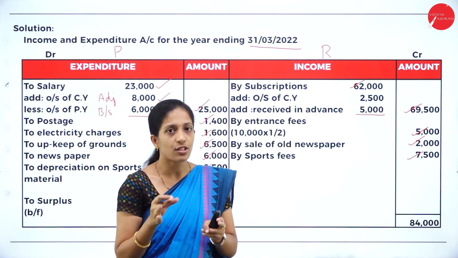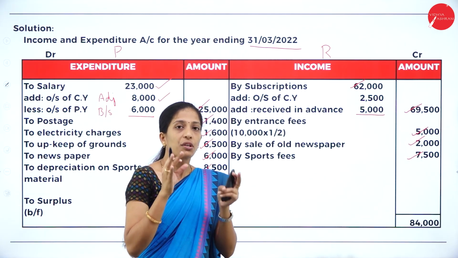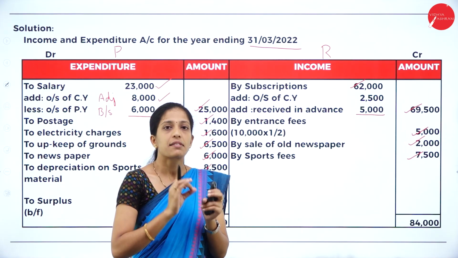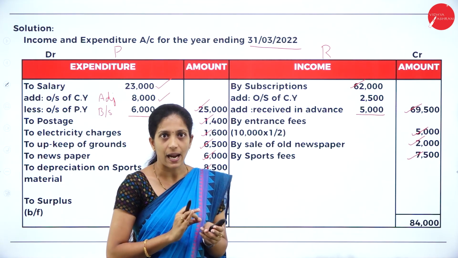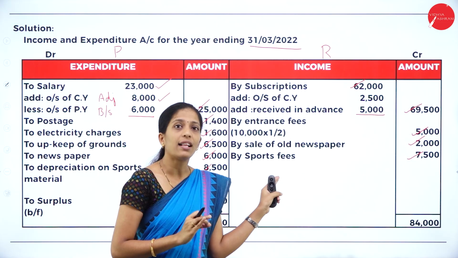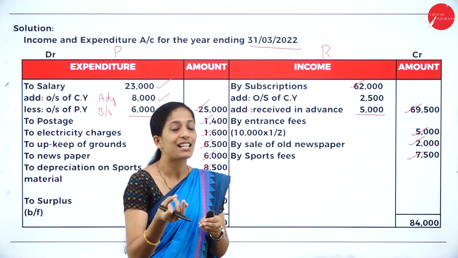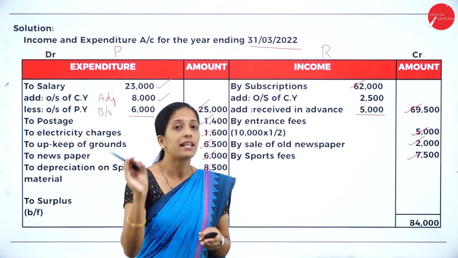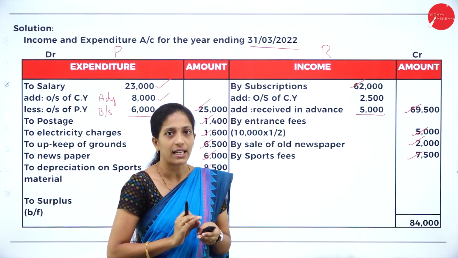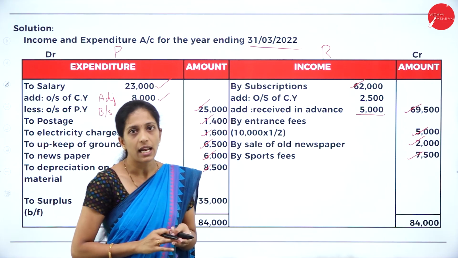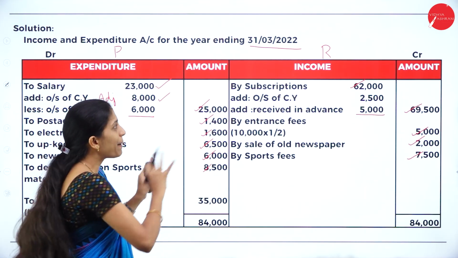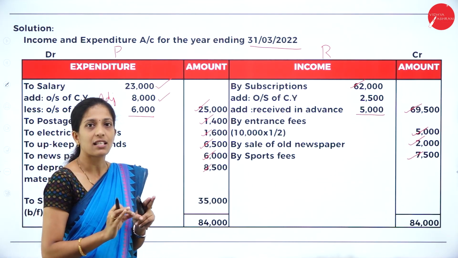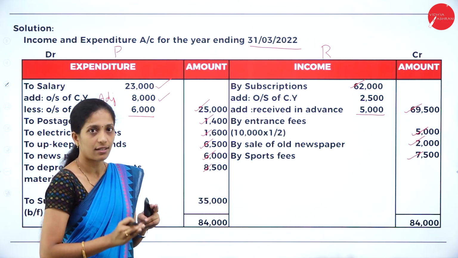So, first, once you see a problem on NPO, go through the receipt and payment account, segregate them into revenue as well as capital items. Record all the revenue items. Simultaneously, you have to go through the adjustment as well as opening balance sheet relating to that particular revenue item and record in your income and expenditure account. Now, balance both the sides and the balancing figure will be either surplus or deficit.